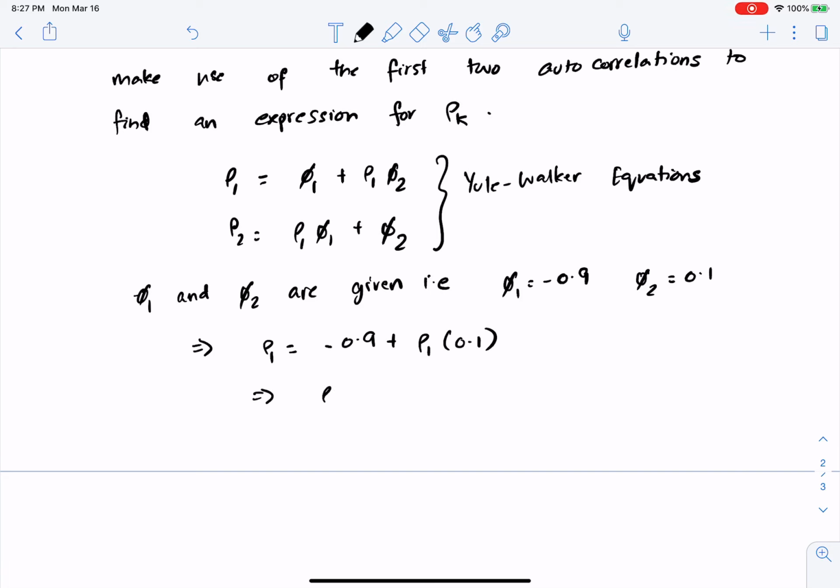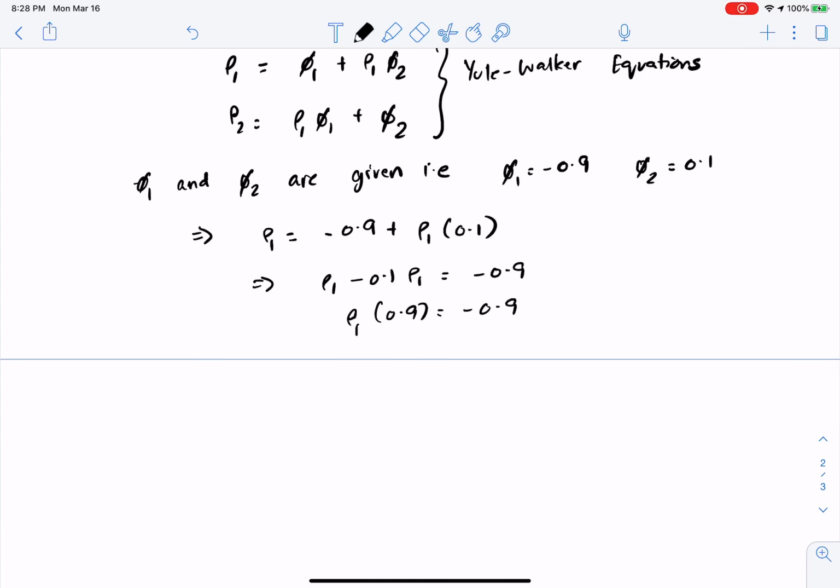We'll have row 1 minus 0.1 row 1 equal to negative 0.9, and row 1 times 0.9 would equal negative 0.9. Row 1 ends up being negative 1. And row 2, on the other hand, is negative 1 times phi1, which is negative 0.9, plus phi2, which is 0.1.